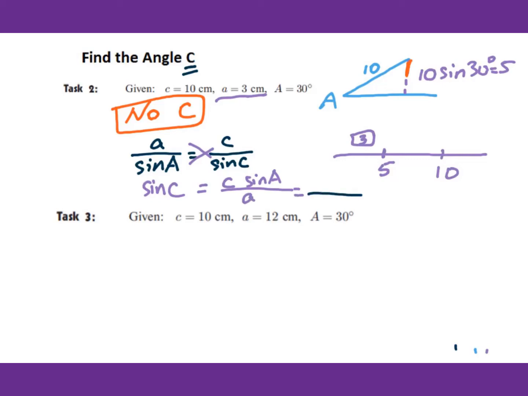You will get, this is 10 times sine 30 over 3. 5 over 3 greater than 1 means no solution for C.